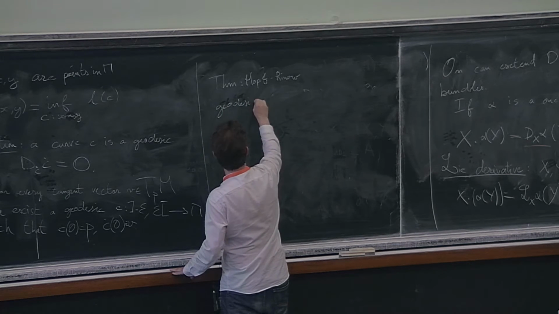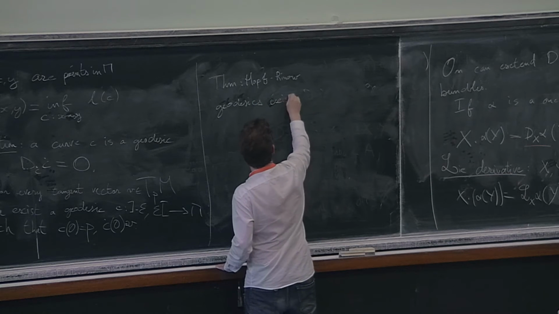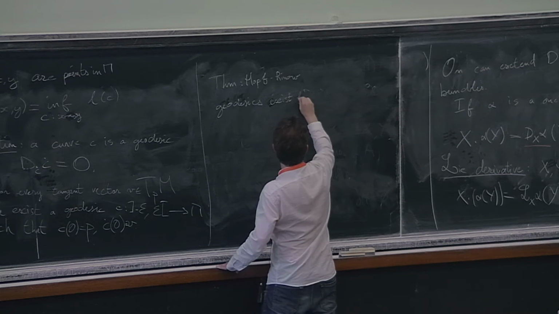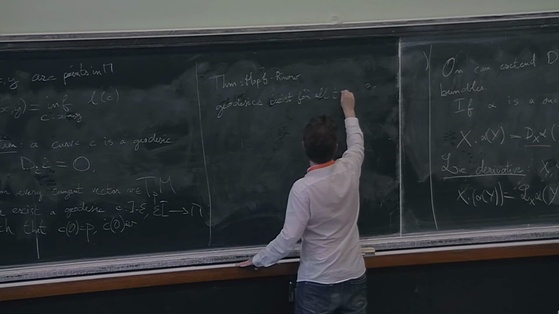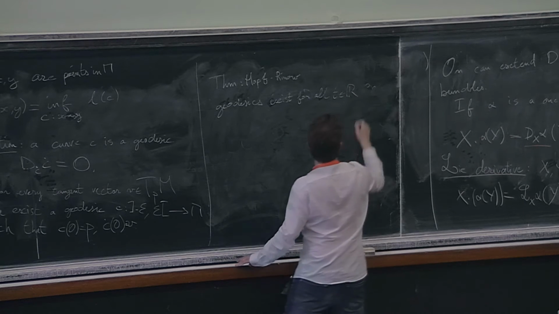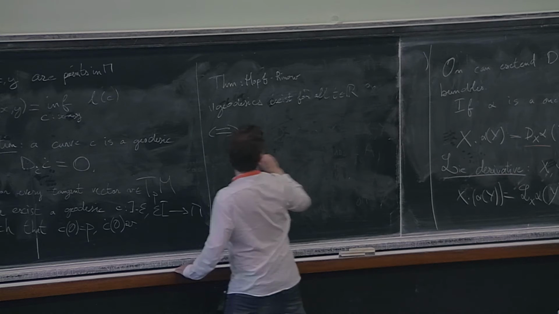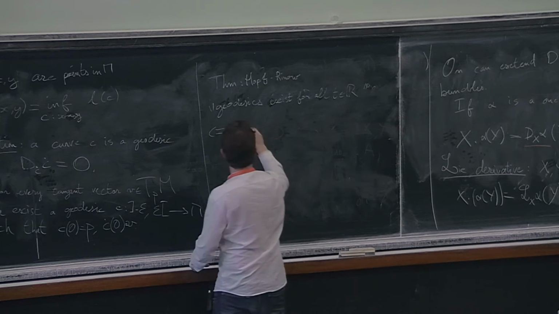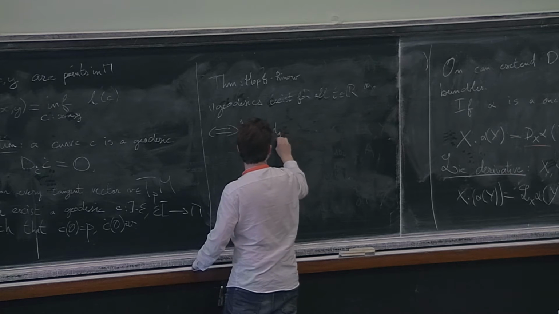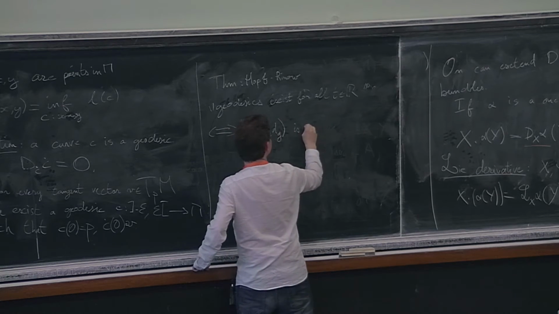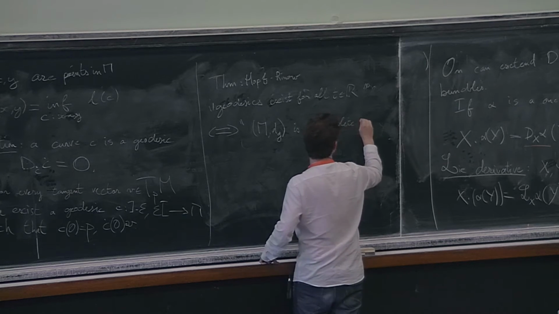Geodesics exist for all t in R. This is equivalent to M together with the Riemannian distance being a complete metric space.